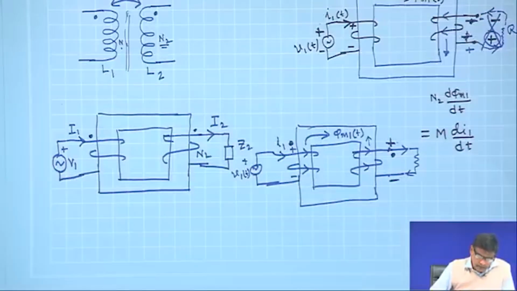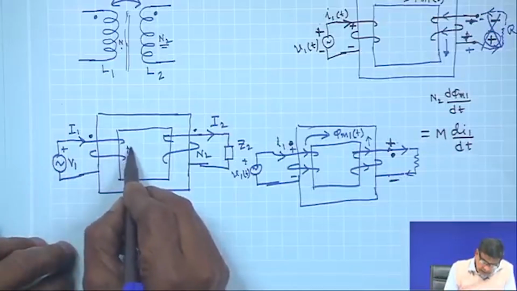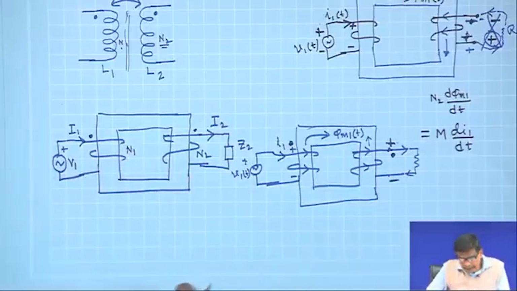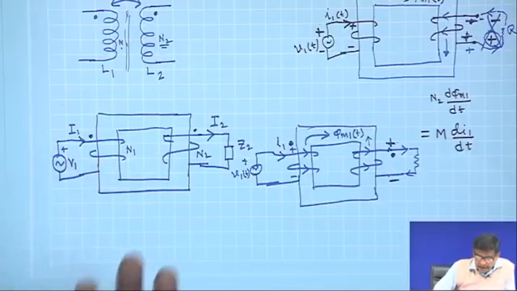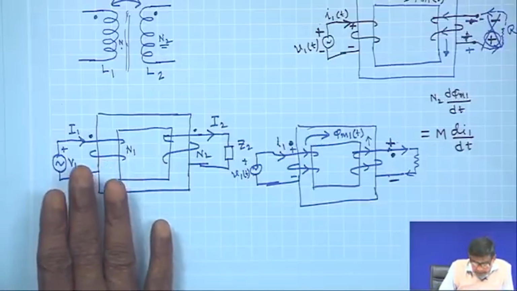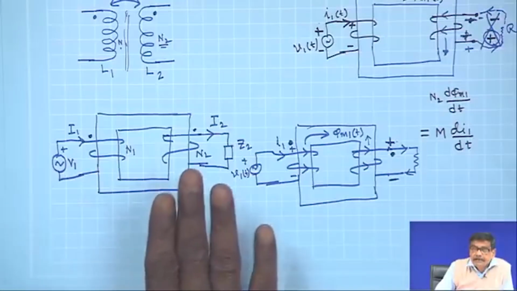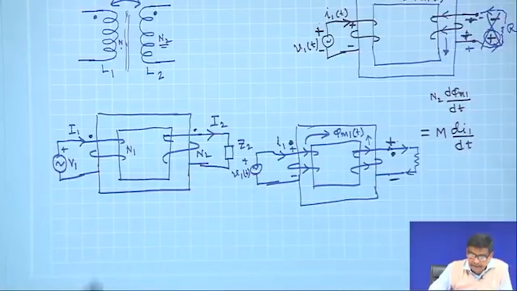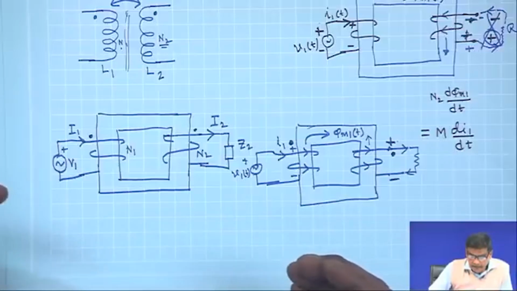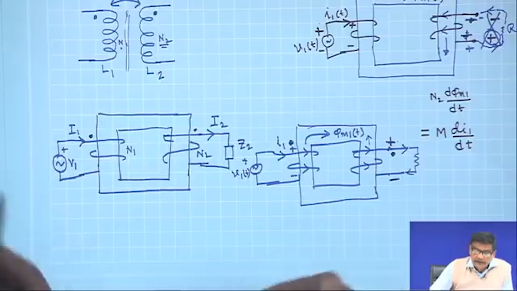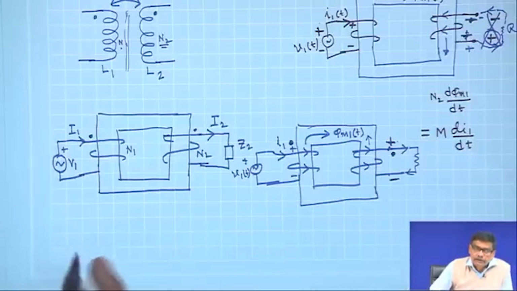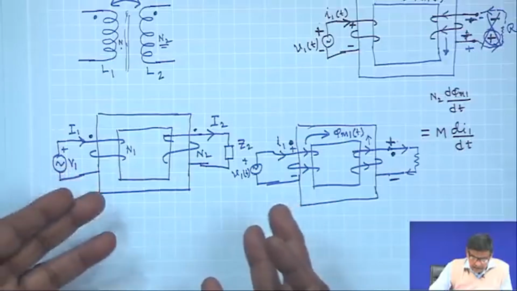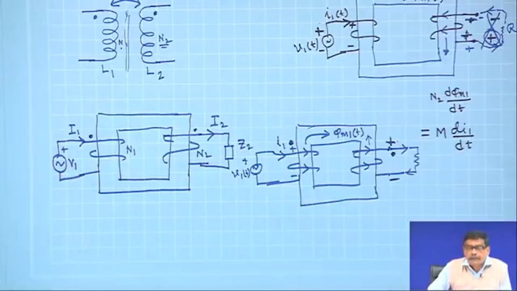This is N 1 turns, and our plan will be to write down the KVL equation of the primary side and the KVL equation of the secondary side, and from that simplify those equations in order to get some equivalent circuit, perhaps referred to the primary side.